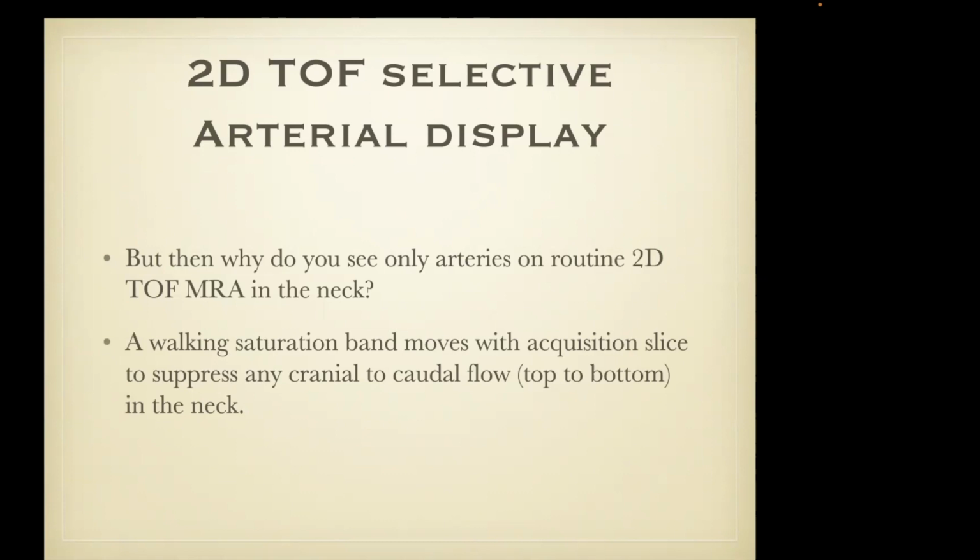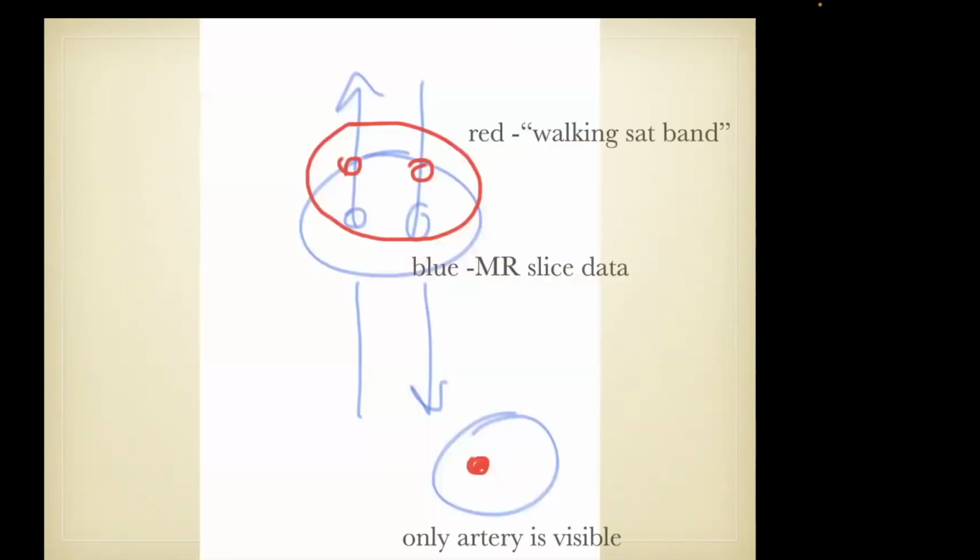Basically, we saturate flow from one side or the other of the acquisition slice in order to emphasize flow either in the veins or the arteries. So again, simple illustration of this, if the blue is the acquisition slice, basically this is where we're collecting data on our MR scanner.